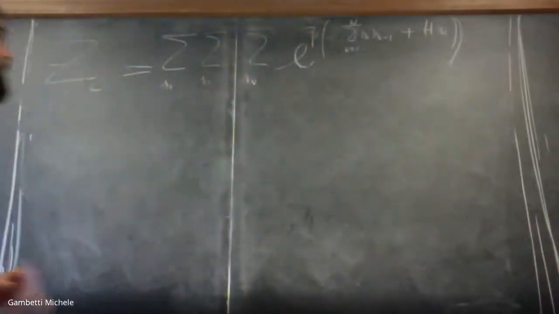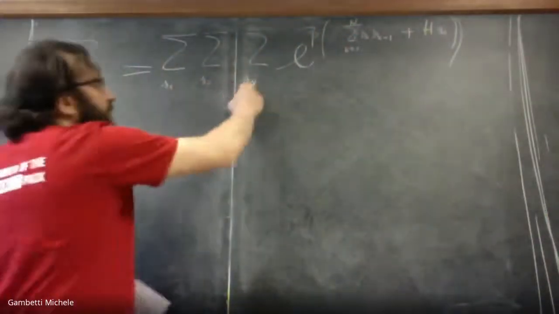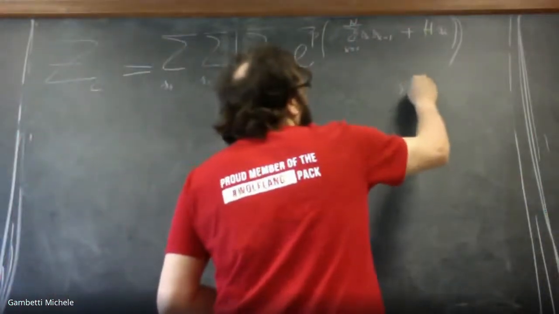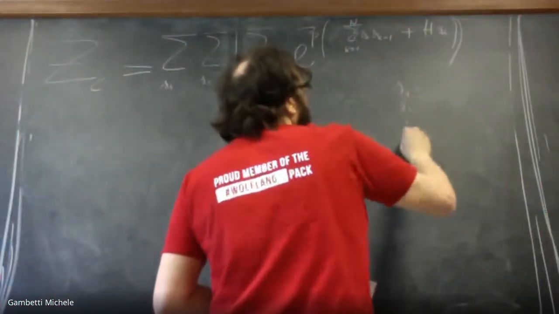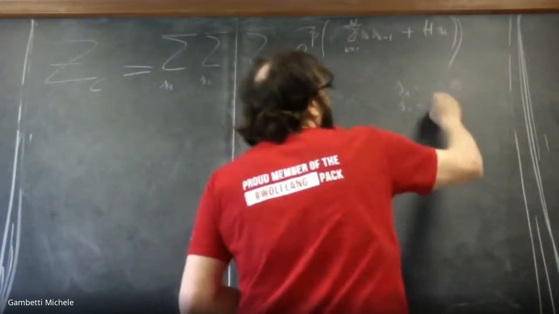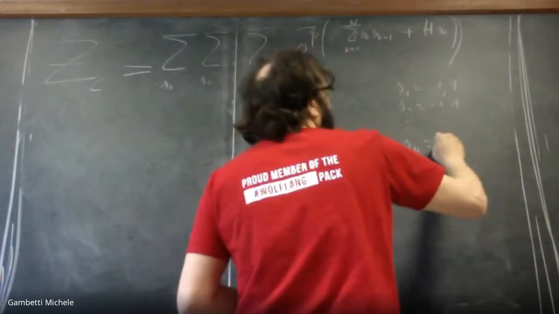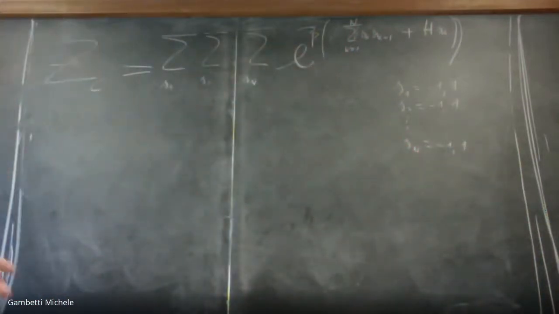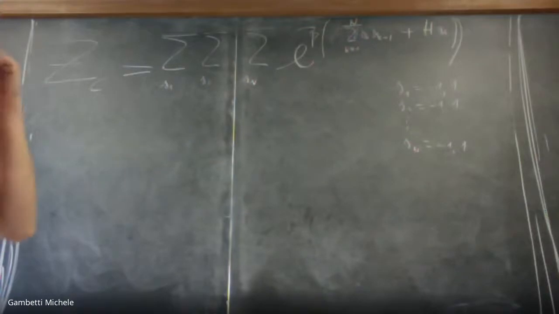Okay? Where here I'm summing over all the possible values of s_1, s_2 and s_n, which can be minus 1, 1, minus 1, 1, etc. Now, is this somehow weird?